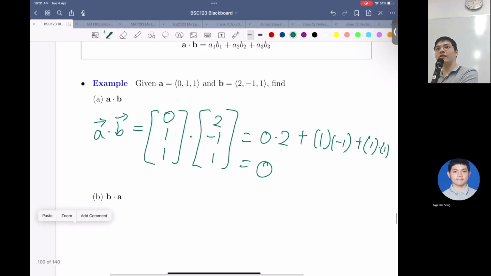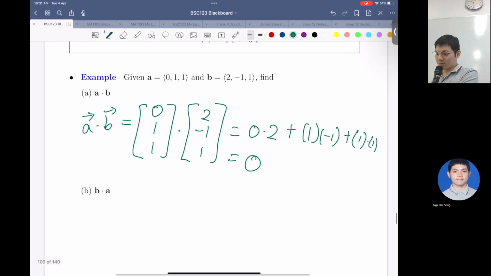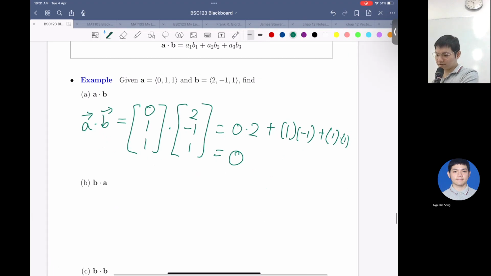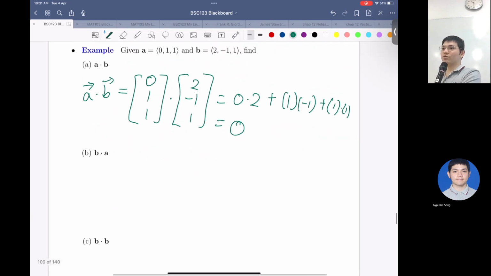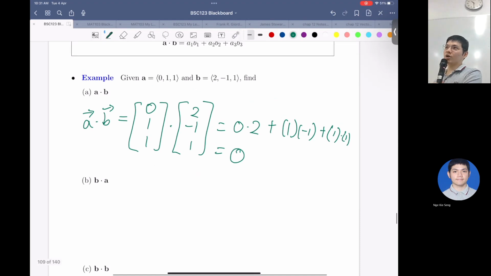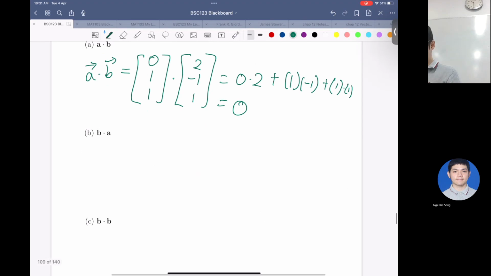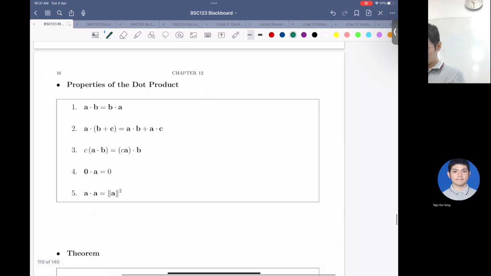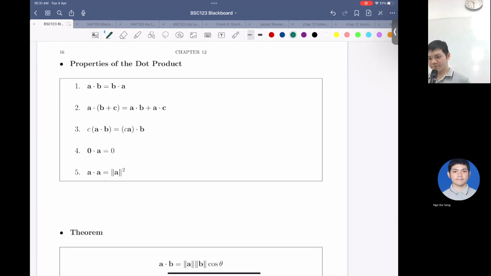I think you should learn the dot product because sometimes we need to do normalization, and then you need this dot product. Just now we mentioned that we cannot multiply two vectors together.